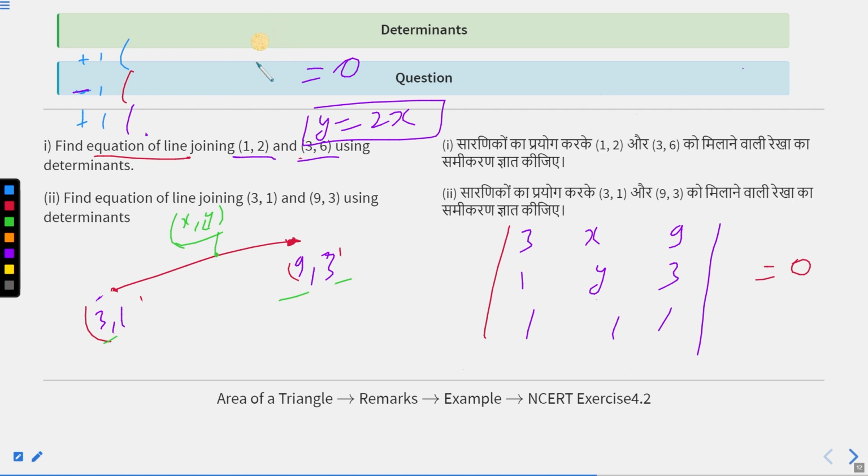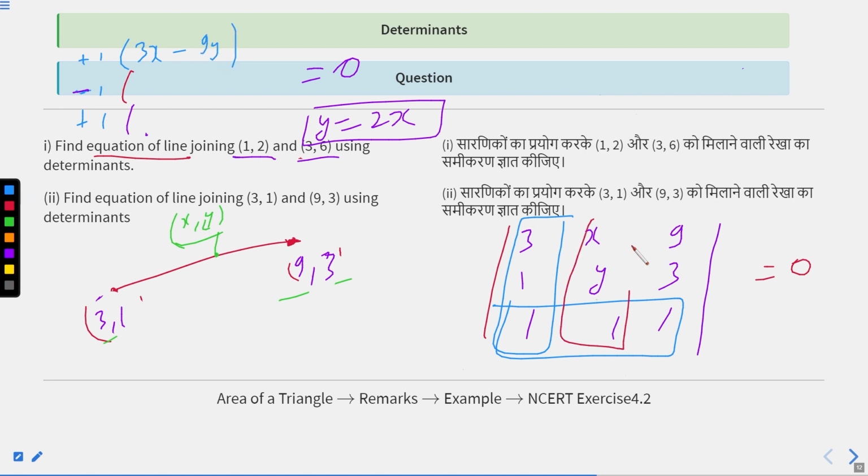Now what? I have to remove this row and column. So you are only left with 3x minus 9y. Now removing this column and row, 9 minus 9, which is 0. Now removing this column and row, you are left with 3y minus x.